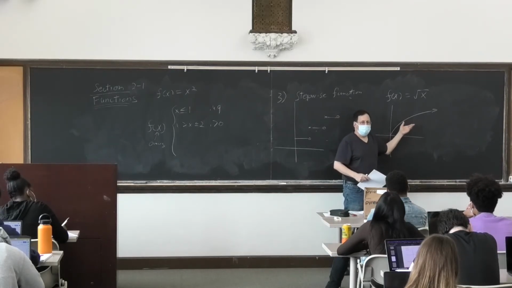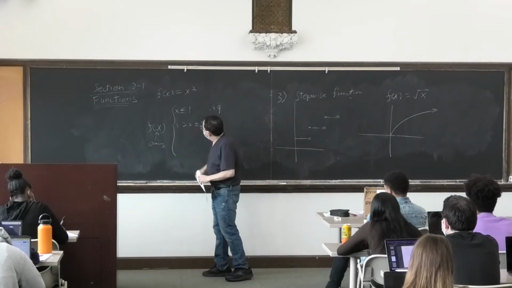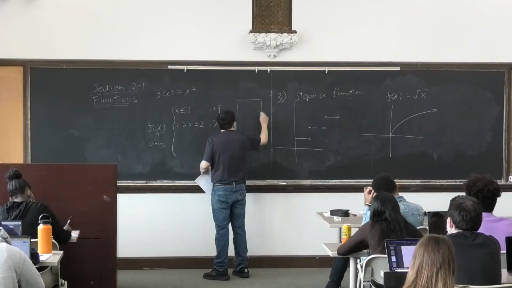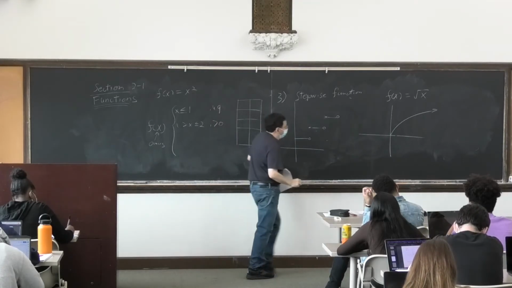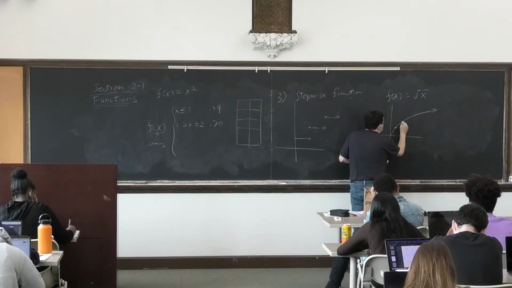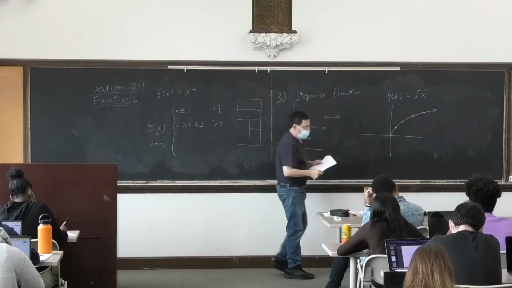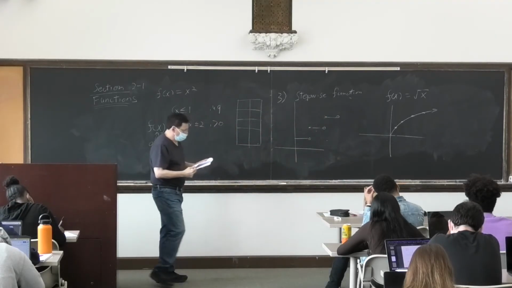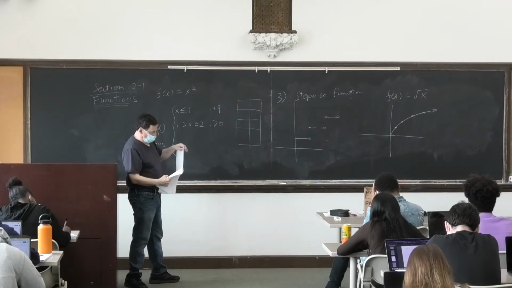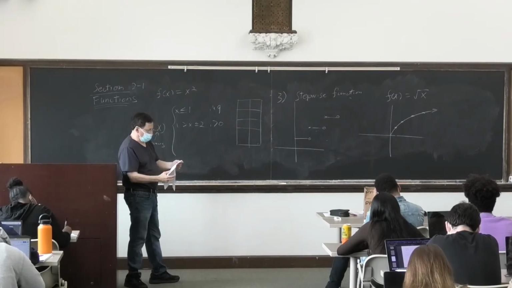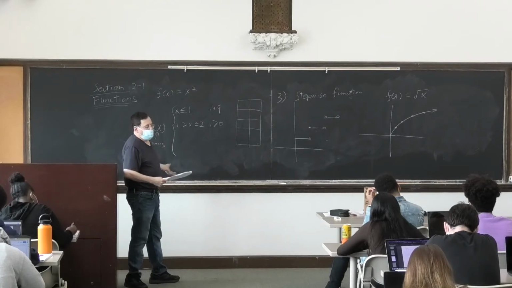You can't really describe this kind of function using, well, I erased it, but using some kind of table. You could describe some of the values on it, but you couldn't describe all of them, so you need an algebraic expression. All right, so now that's the very, very general kind of idea of a function.